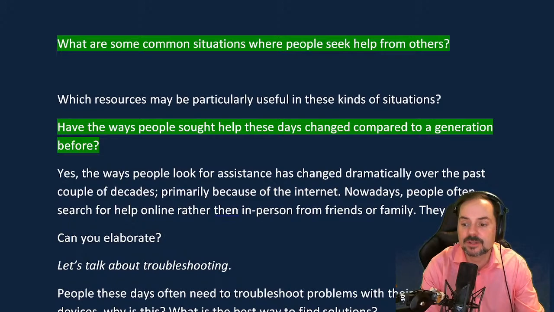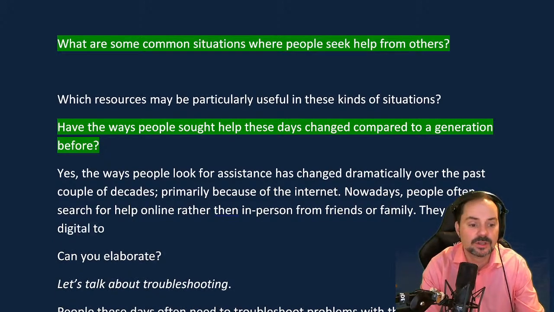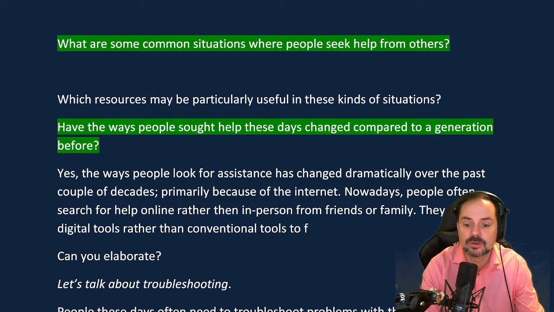They often use digital tools rather than conventional tools to fix problems.